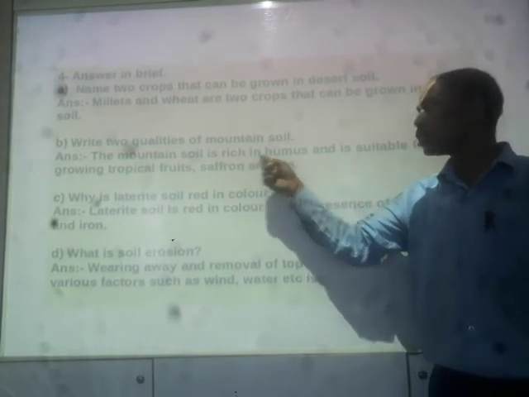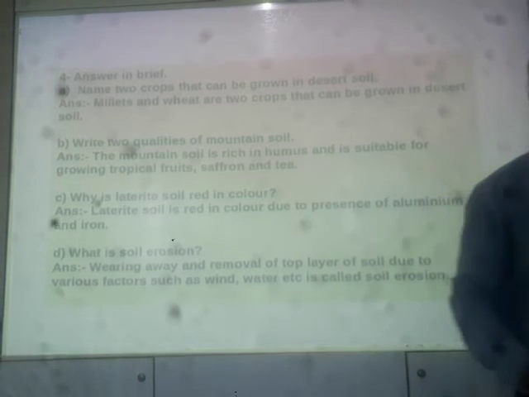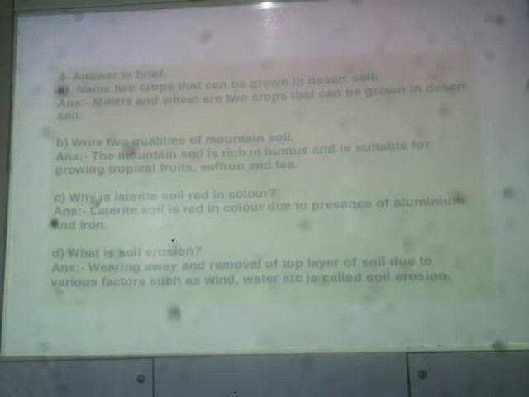Mountain soil is rich in humus. What is humus? Dead and decaying parts of animals and plants get mixed with the soil and form humus, which provides a good amount of nutrition for the plants. Another quality of mountain soil, it is suitable for growing tropical fruits.